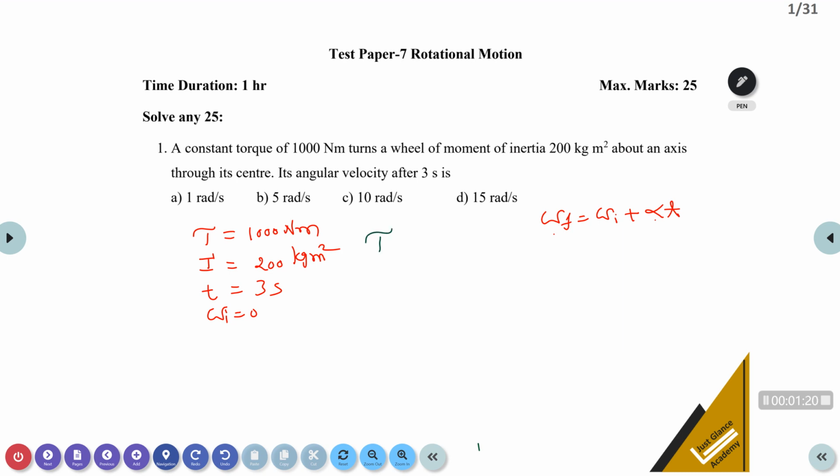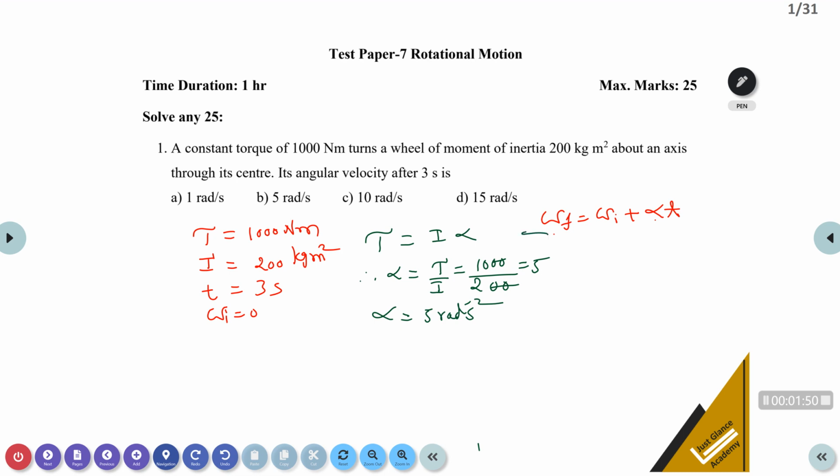Here we know the equation torque equal to I into alpha. Therefore alpha equal to torque divided by I. Substitute this. Torque value is 1000, divided by moment of inertia 200. These two cancel, so it becomes 5. Alpha equal to 5 radian per second square.